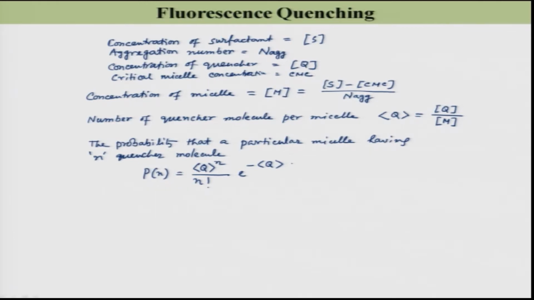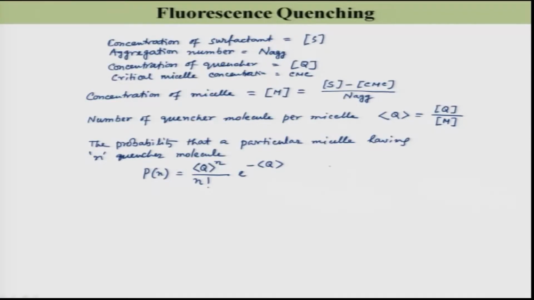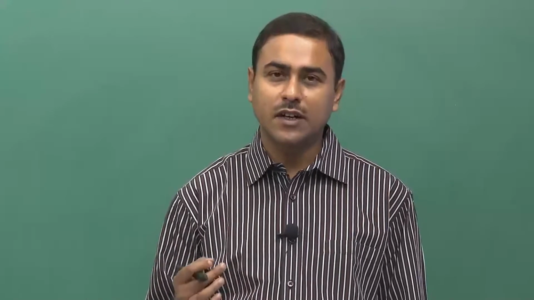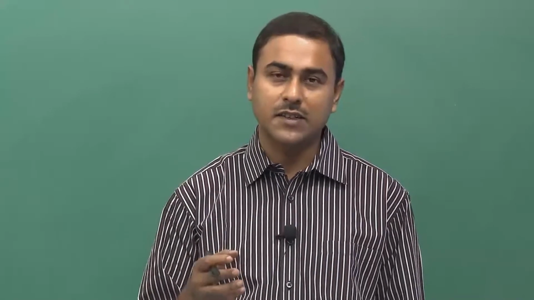Now, I will take two assumptions which are obviously valid assumptions. The first one is that the fluorophores and quenchers are such that both can be present in the micelle. It is not that the fluorophore is completely hydrophilic, charged, with a positively charged micellar surface and a positively charged fluorophore, so that the fluorophore will never come to the micelle.